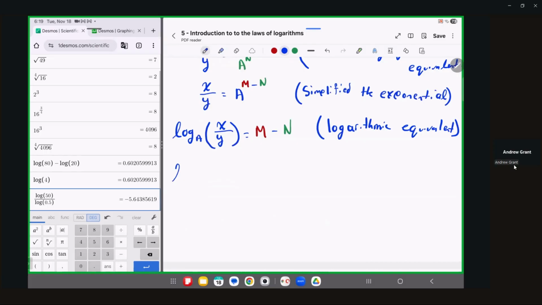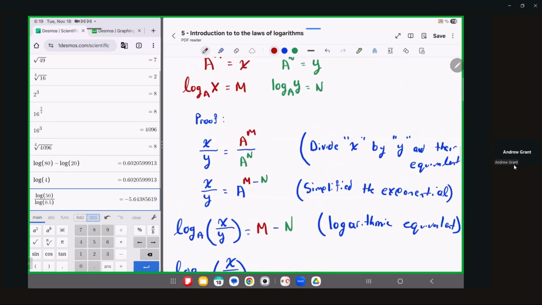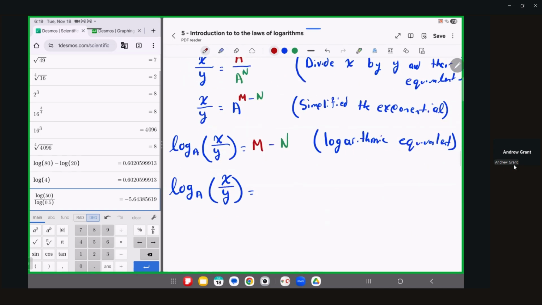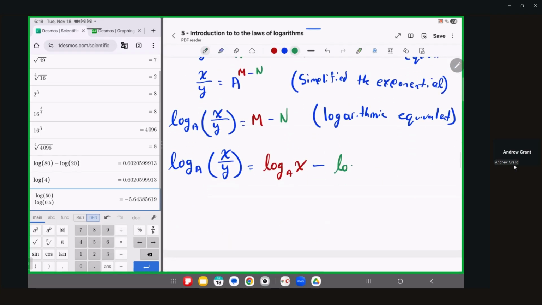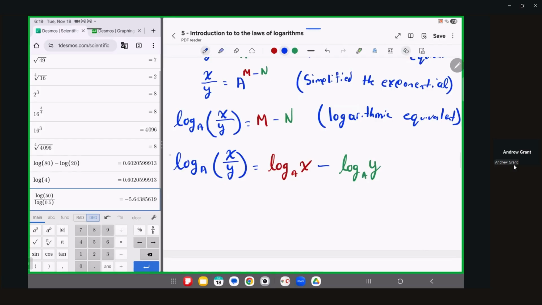And so we have log base a of x over y is equal to m, which is the same thing as log base a of x, minus n, which was the same thing as log base a of y. And in fact, that will be our proof. You're done.